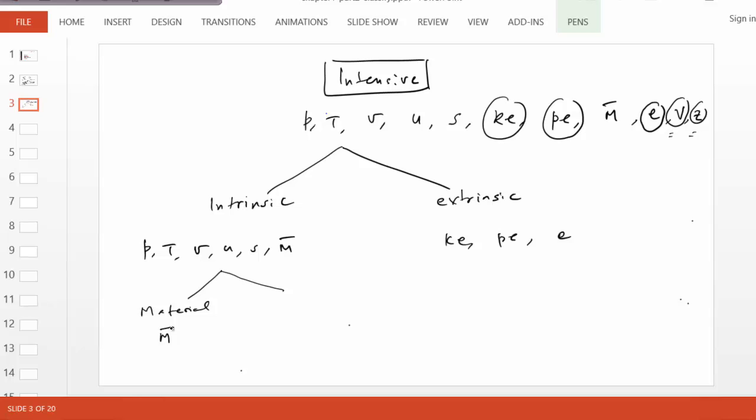It's a copper block or aluminum block, and molar mass is fixed. It's intrinsic, but it doesn't depend on the state. On the other hand, P, T, V, U, S, etc., these properties and properties derived from them are properties that describe the equilibrium, and these are called thermodynamic properties.